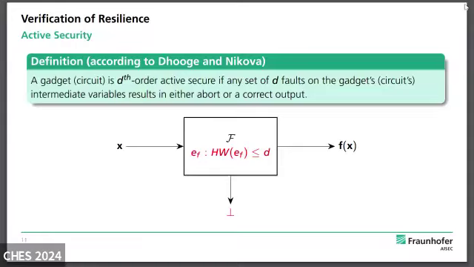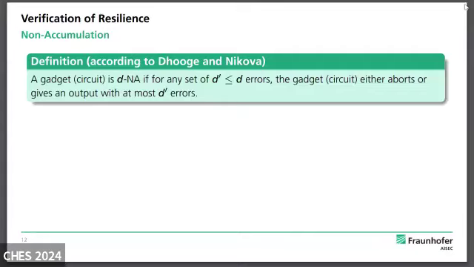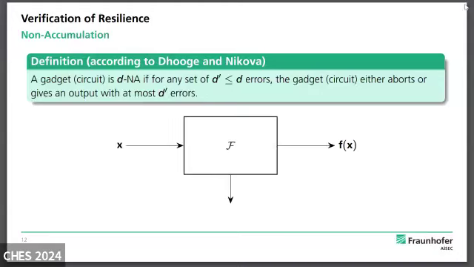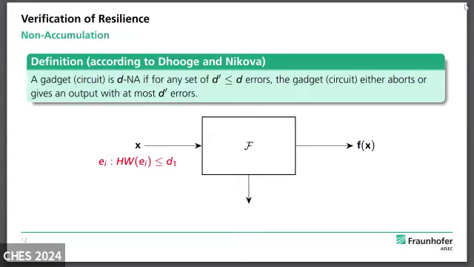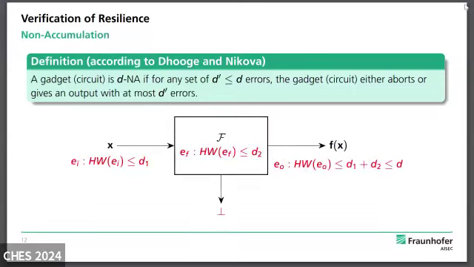And then, similar to probing security, we have some interference notions. Here they are called accumulation or non-accumulation. Here we have a circuit, we have D1 errors in our input, we have D2 errors in our intermediate values, and now we are guaranteed for non-accumulation that the circuit either recognizes this and aborts, or we at least don't have more errors than D1 plus D2.